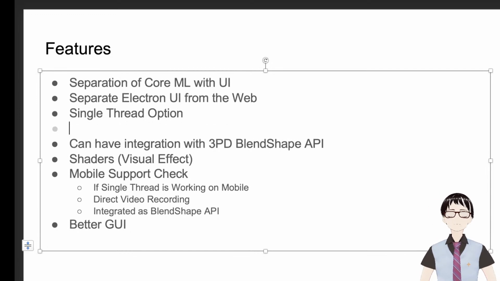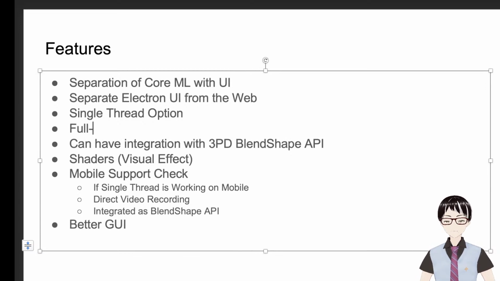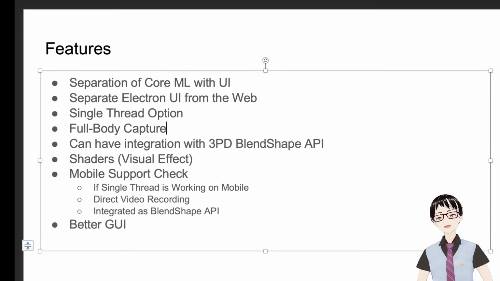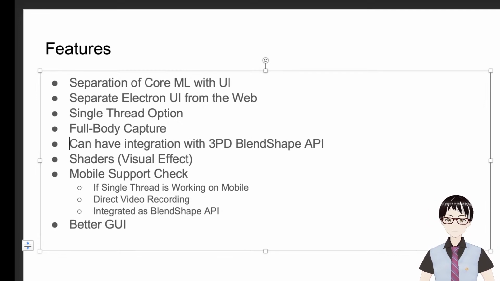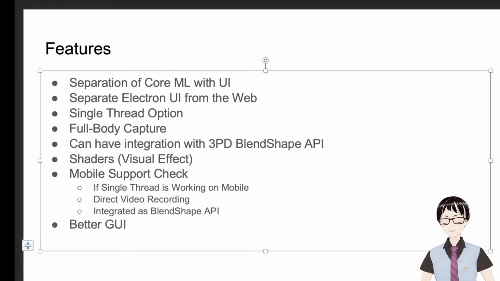And other than single thread, full body capture, is that something that we will want? Of course, that would be quite a difficult part for us to tune, since we will also have to modify some of the UI part for full body capture. But yes, this is something that we should also be able to work out.